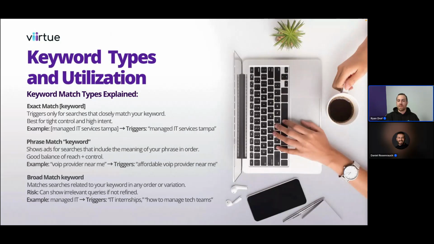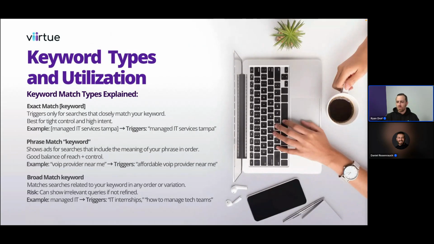So I would recommend, in my experience, using exact match or phrase match very sparingly. Personally, I don't use the broad match anymore because it just triggers too many things that we're not searching for. The intent is too broad. It just gets jumbled, especially with the AI search that we're seeing today.